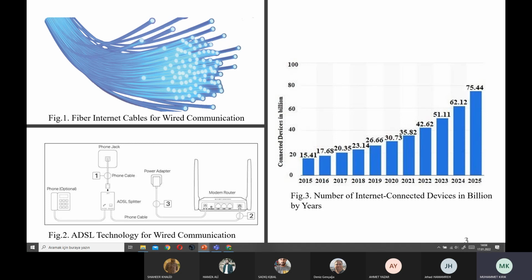There are many concerns in this domain, such as the high power consumption of these devices, the reliability of the transmitted data, and mainly the security of the transmitted data and the spectral efficiency. These are all the problems that we should be concerned about.